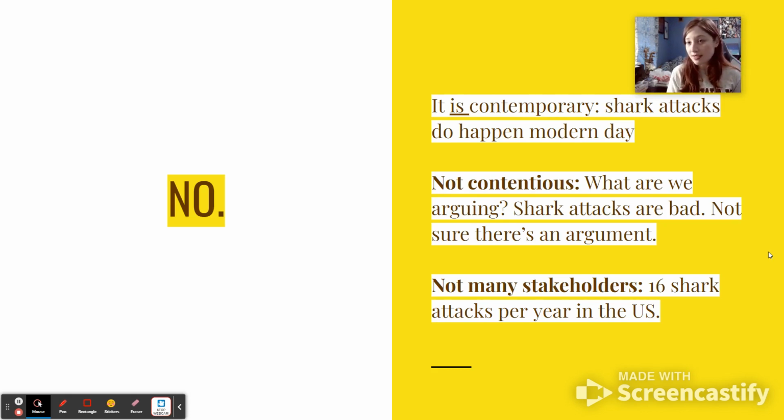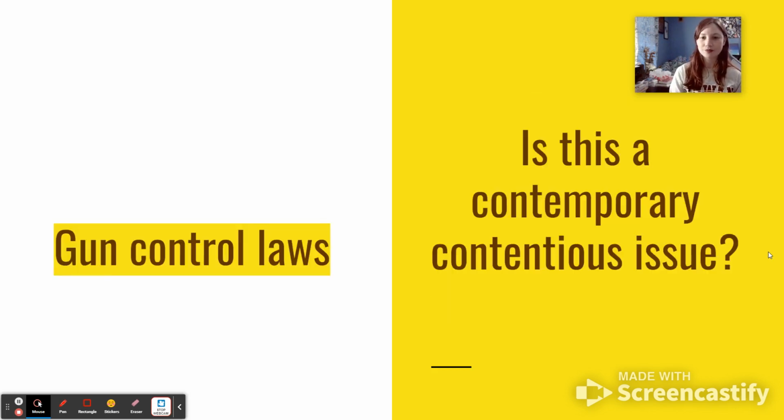There's only about 16 shark attacks per year in the US. Sharks aren't swarming boats and taking out entire crews. It happens, but even then, not that many people die from shark attacks. There aren't enough stakeholders, so therefore it's not necessarily an issue that I see you finding a lot of information or perspectives on.